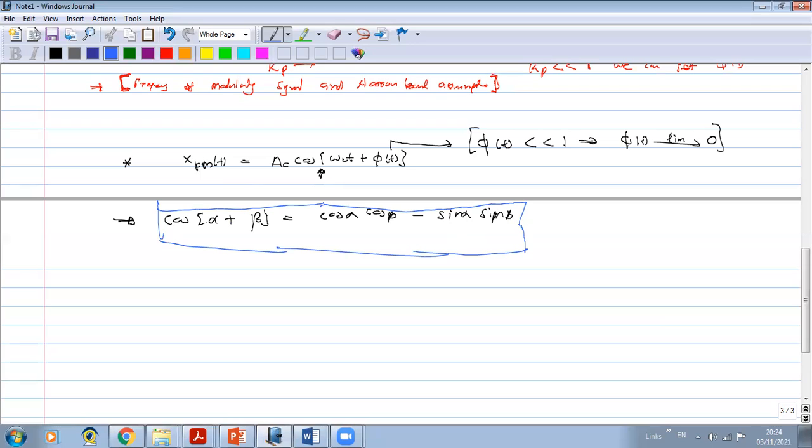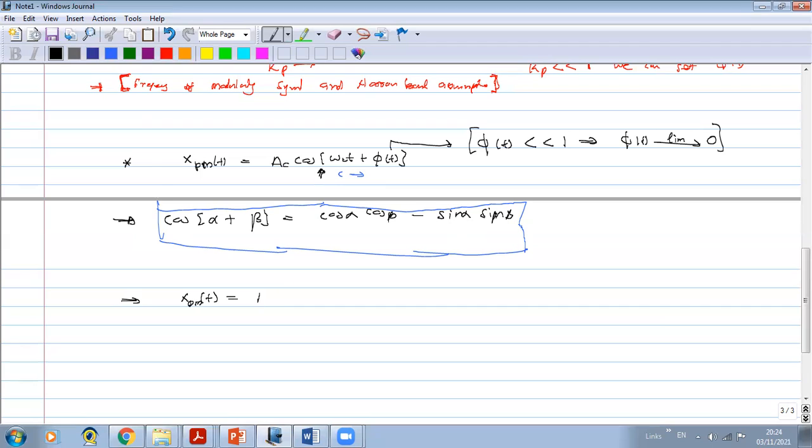In the same manner, we can use this to simplify this further. If I apply this identity to this signal, then I have x_PM, the phase modulated signal.